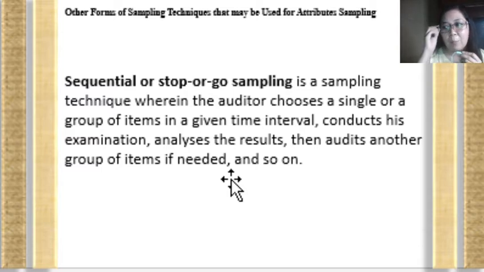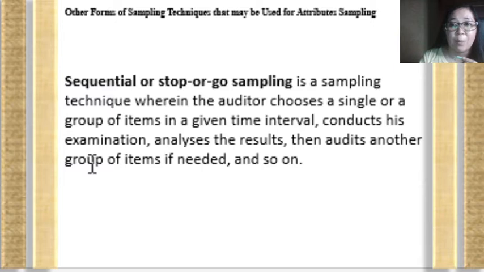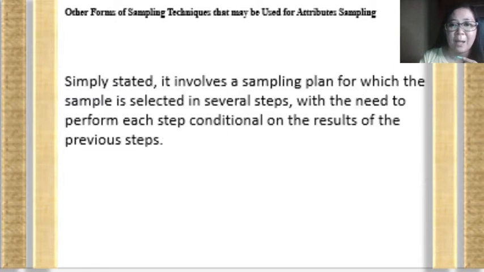Meaning, once the auditor selects an item for evaluation, evaluates and analyzes it, then depending on the results, he will perform additional testing or examining of the next group of items. That's how sequential or stop or go sampling is done.